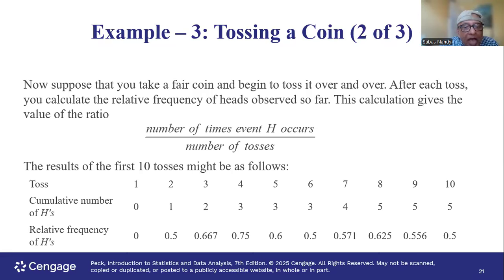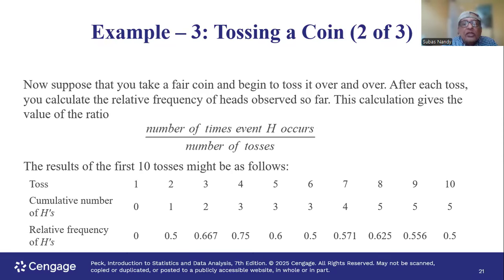So what do they have in the last row of numbers, relative frequency? You're taking the cumulative number of heads and dividing by the number of tosses. 1 out of 2 is 0.5. Next one is 2 out of 3, which is 0.667. Next one is 3 heads out of 4 tosses, 0.75. Why are they calculating this last row of numbers?